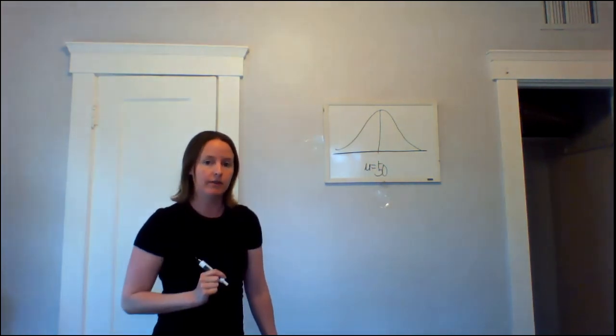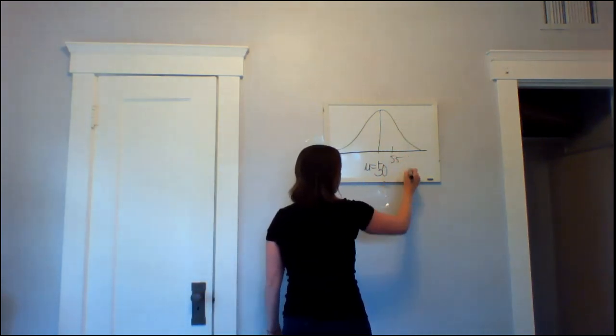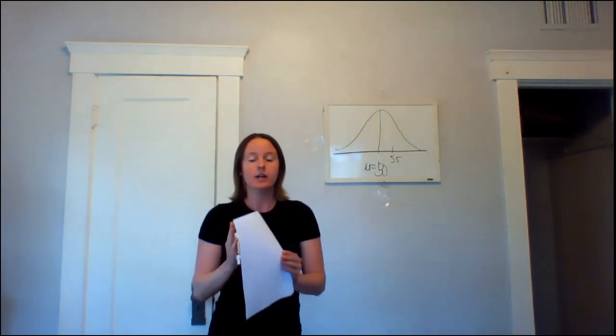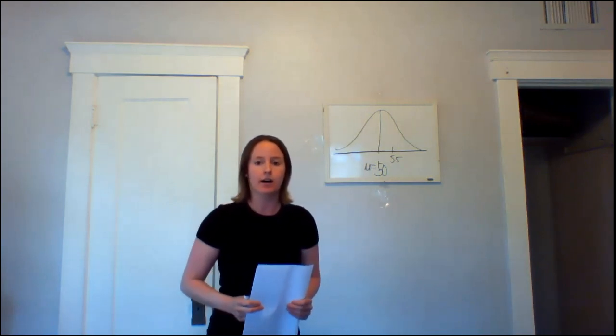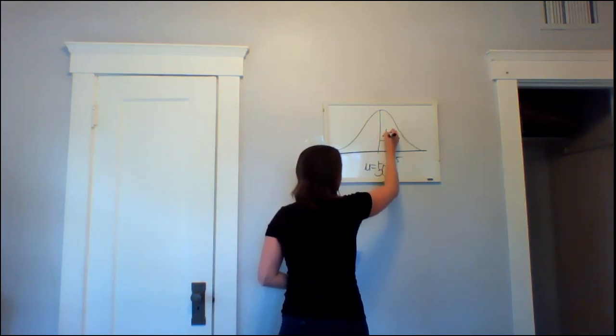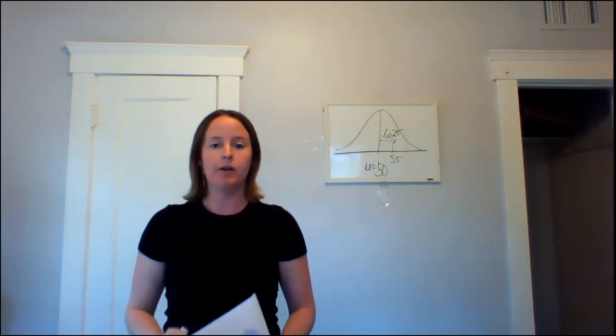But our sample scored a 55. Cohen's d is telling us that our sample shifted over a half a standard deviation bracket above the norm. They moved 0.625 standard deviation brackets above average.